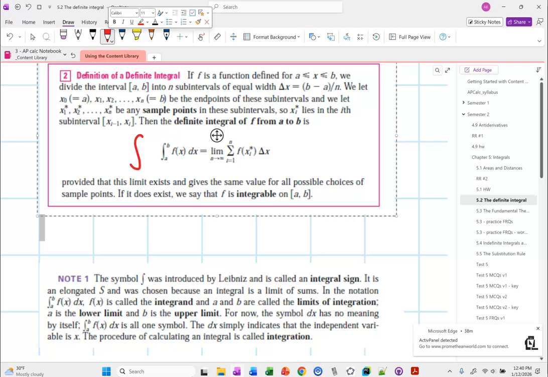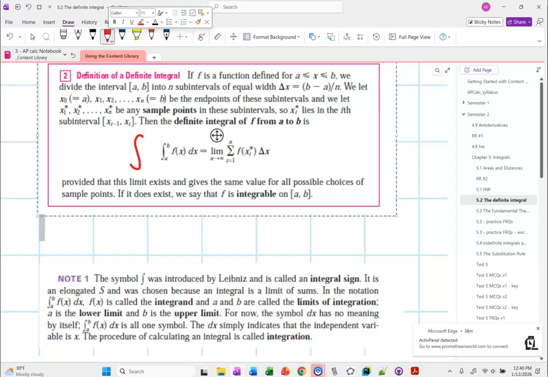Now, if this gives us an answer, if that area has a finite value or is something we can calculate, we say that the function f is integrable over that interval. This is like the mirror term of differentiable.